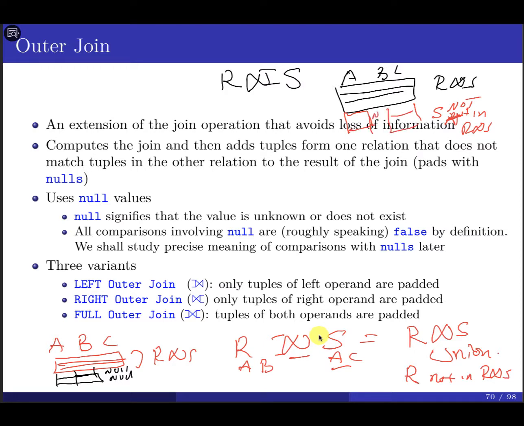The B is going to be filled with null, because it belongs to the part of the tuple that is supposed to be concatenated, and since there is no match from the relation R, it is not going to be counted here.